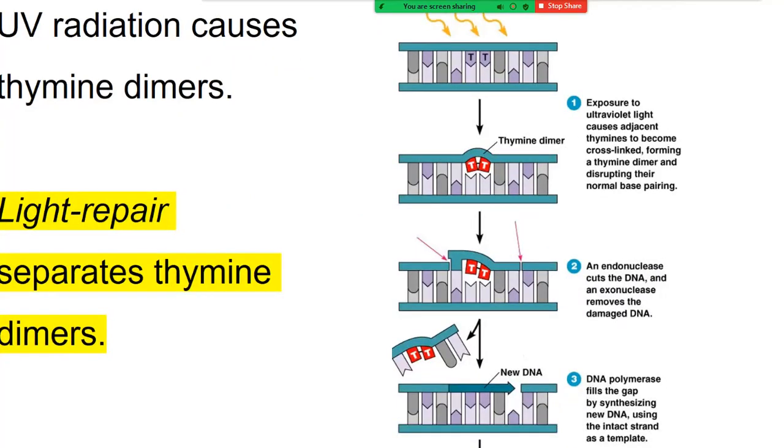So the thymines, when they pair with each other, they actually become a thymine dimer. Dimer means two, and there's two thymines that pair. That's a covalent linkage between the thymines there. When they become a thymine dimer, it prevents them from hydrogen bonding to the A on the opposite strand of DNA.